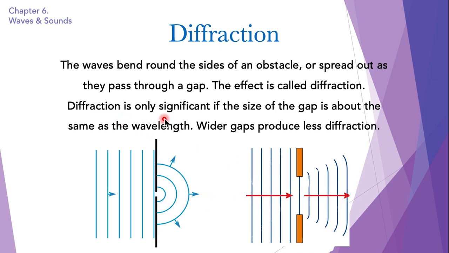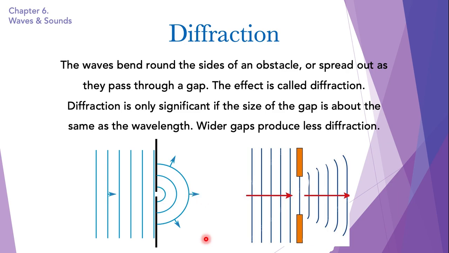Diffraction is only significant if the size of the gap is about the same as the wavelength. Wider gaps produce less diffraction, as you can see here. We have a bigger gap here and the diffraction is less compared to this one, where we have a smaller gap. So it is only significant if the size of the gap is about the same size as the wavelength. So this is diffraction.